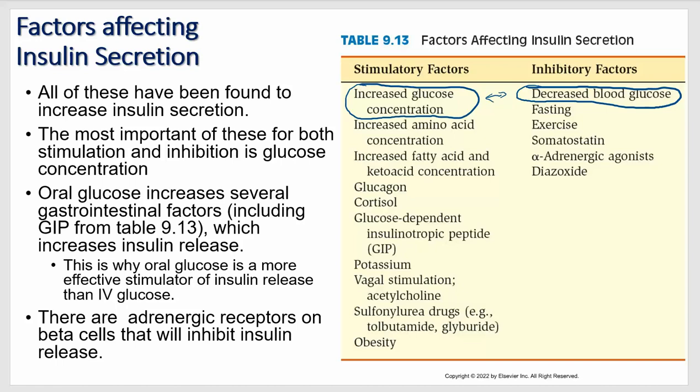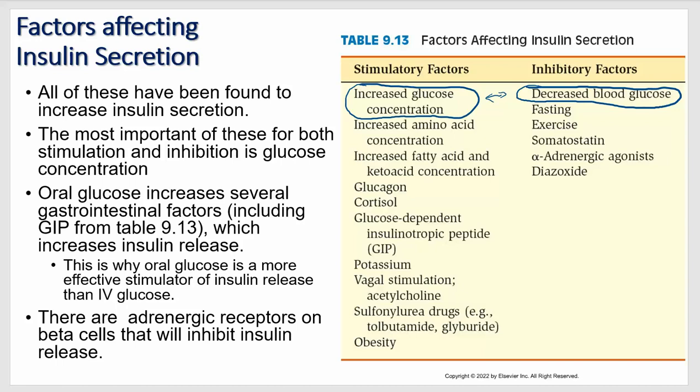But other things, increased amino acids, because, and we're going to talk about what insulin does, if we look at what insulin does, it's trying to store energy, or store nutrients, those kinds of things. So with increased amino acid concentration, we want those for later so they can be turned into proteins.